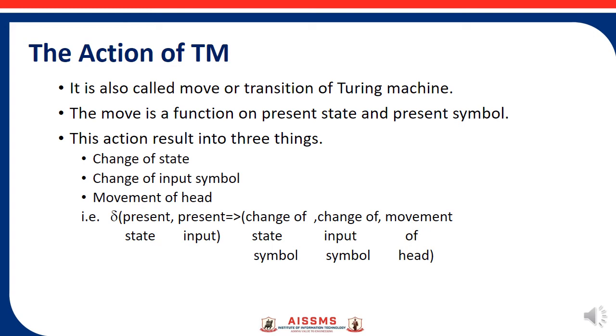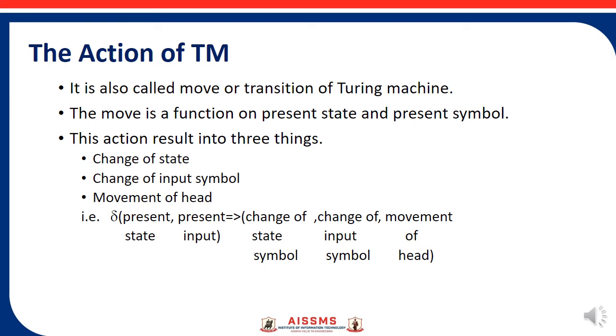This action results into three things: change of state, change of input symbol, and movement of the head. So these are the three things which are considered as a part of action: change of state, change of input symbol, and movement of the head.